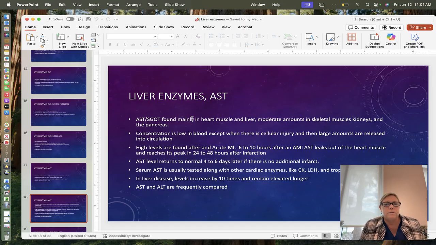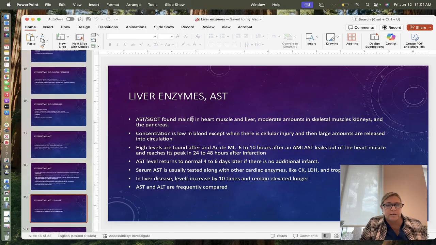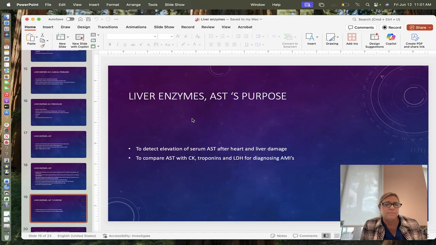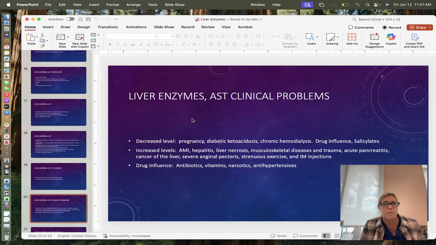In liver disease, it can increase by 10 times and it will remain elevated longer. But we frequently compare AST and ALT. We do use the AST to detect elevation after heart and liver damage. And then you compare the AST with CK, troponins, and LDH if we're diagnosing an acute MI.